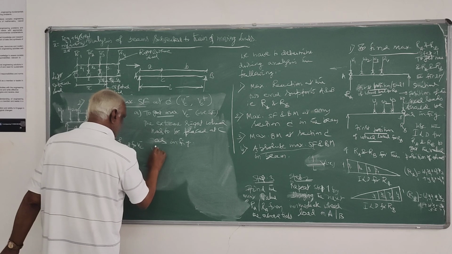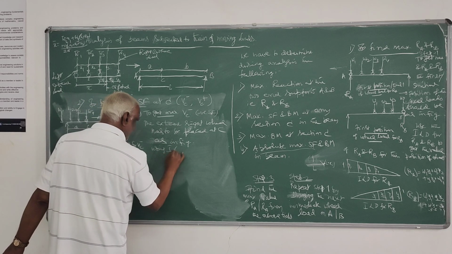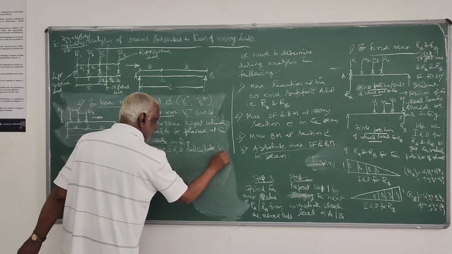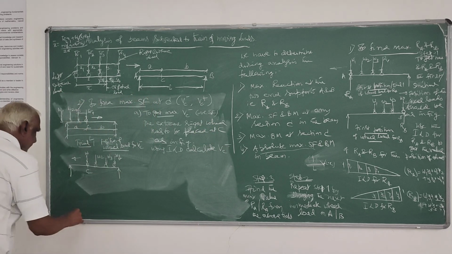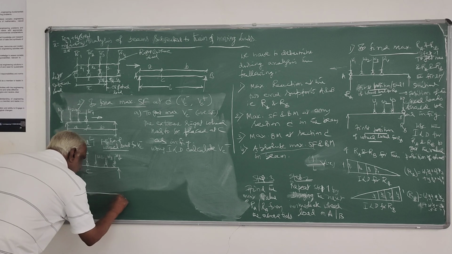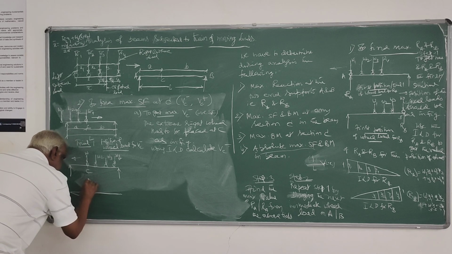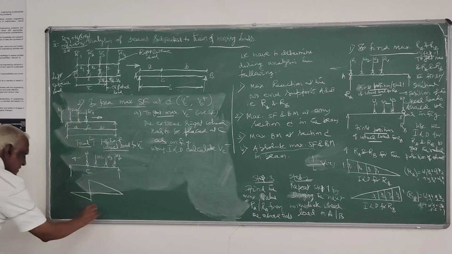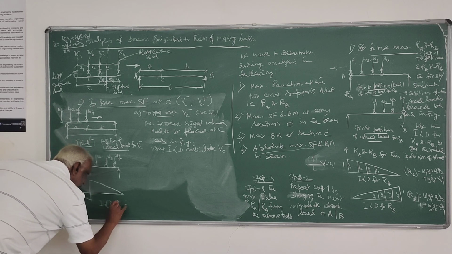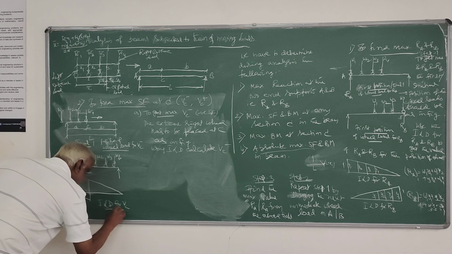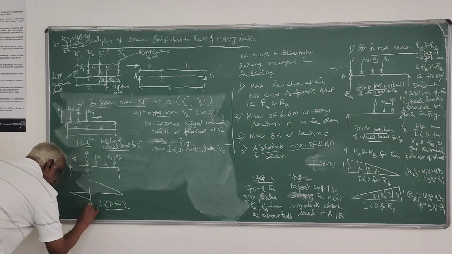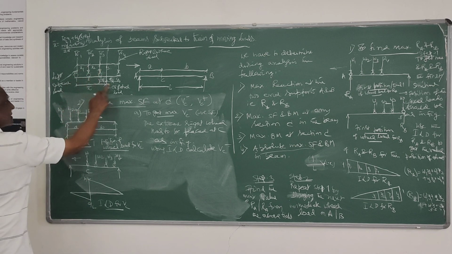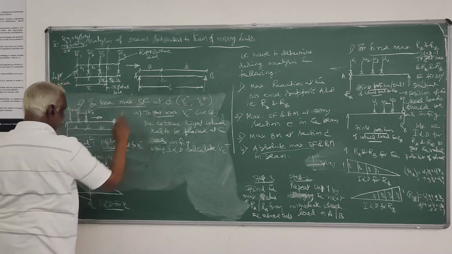Then using ILD, calculate VC bar negative. So the ILD will be like this. This is the standard ILD. This is ILD for BC. So this is A by L, this is B by L, where A is this distance, B is this distance.